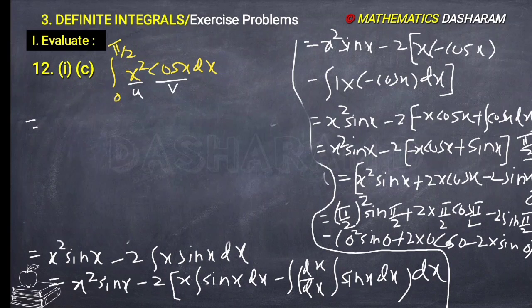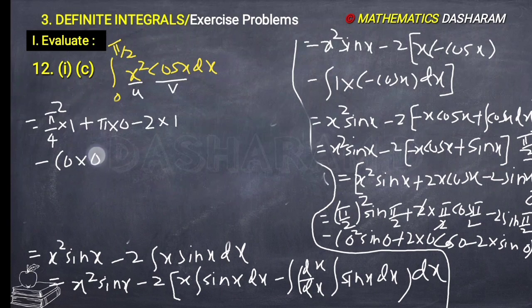So then it is equal to pi square by 4 into sin pi by 2, which is 1, plus here 2 cancels, pi into cos pi by 2, which is 0, minus 2 into sin pi by 2, which is 1, minus bracket of 0 square is 0 and sin 0 is 0, 2 into 0 is 0, cos 0 is 1, minus 2 into sin 0, which is 0.